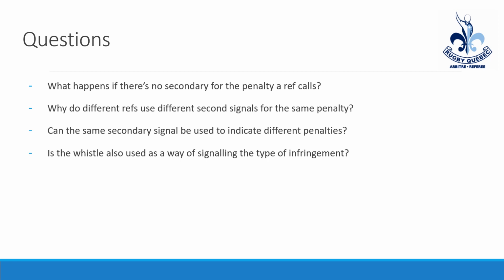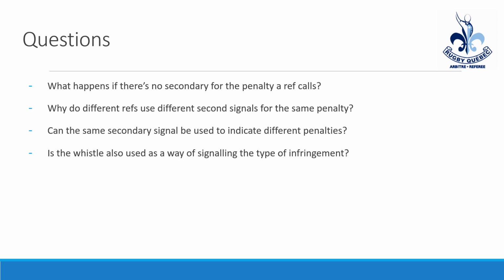The last one, I really like this one because I'll be able to explain a lot with it, is the whistle also used as a way of signaling the type of infringement? Typically a short whistle tone, which might be loud or might not be loud, indicates a less important, technical stoppage of the game.